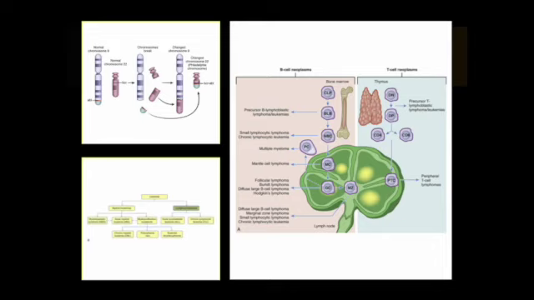The Philadelphia chromosome was first observed in someone with chronic myeloid leukemia, and now we can see it present in 95% of all patients with CML. There are some individuals with AML and ALL that also will present with the Philadelphia chromosome, but not as commonly as chronic myeloid leukemia.